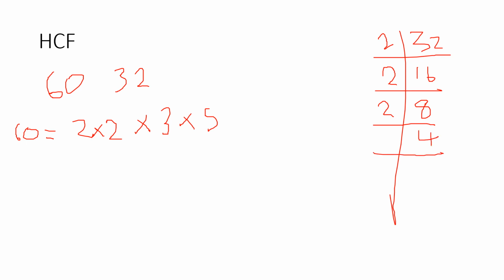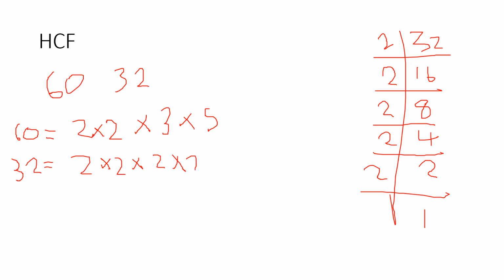Then you also use 2 to divide there, then it's 2, and then 2 divided by 2 will lead to 1. And therefore now the prime factors that make up 32 are going to be 2 multiplied by 2 multiplied by 2 multiplied by 2 multiplied by 2.